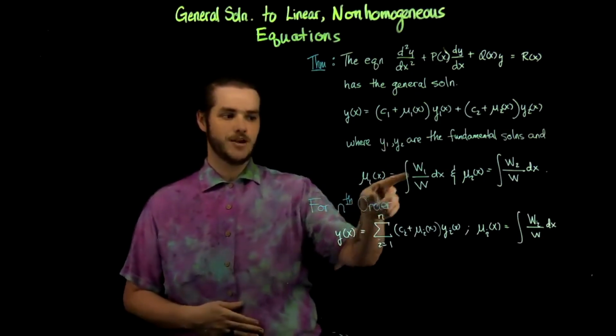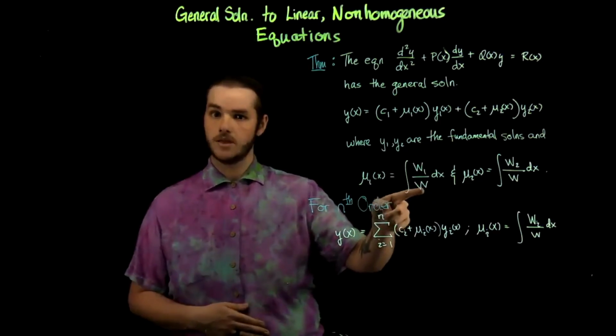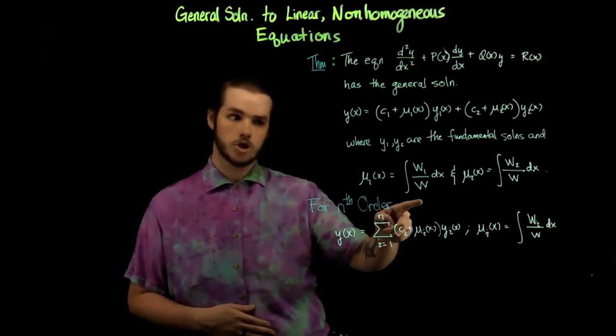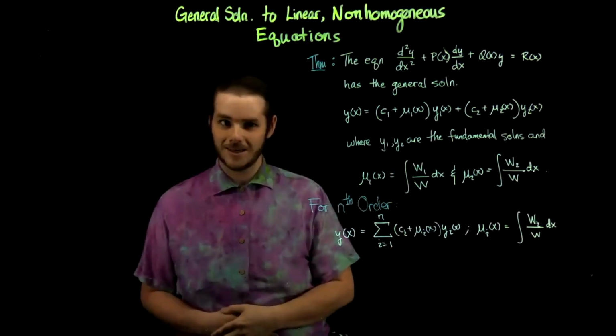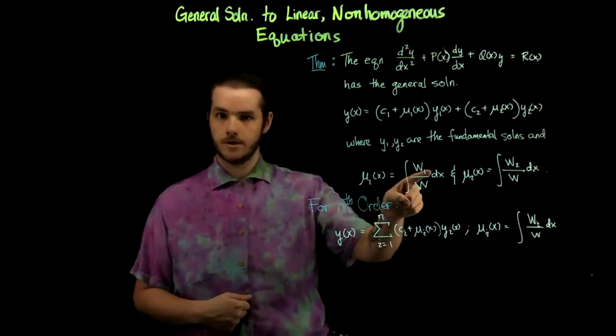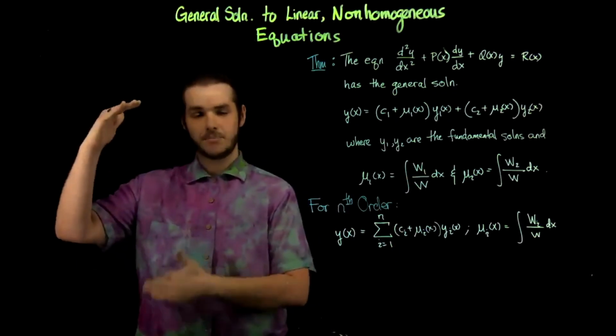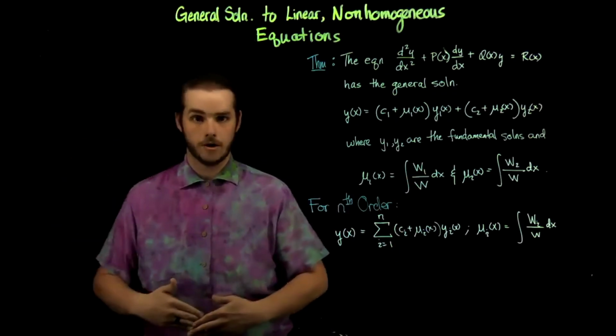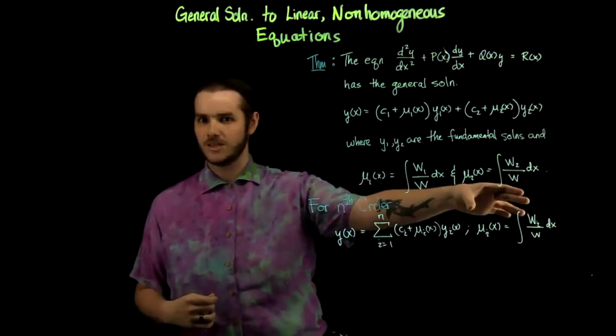Mu1 is found by integrating W1 over W, W being the Wronskian of all of my fundamental solutions, W1 being the Wronskian if you replace the first column with zeros, except in the last slot you put in r. Same thing for W2, just replace the second column.